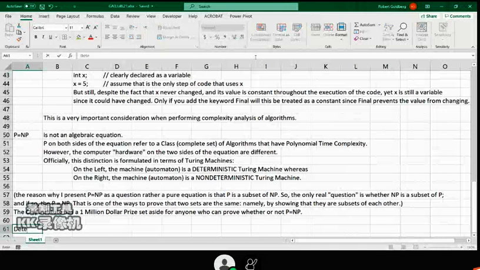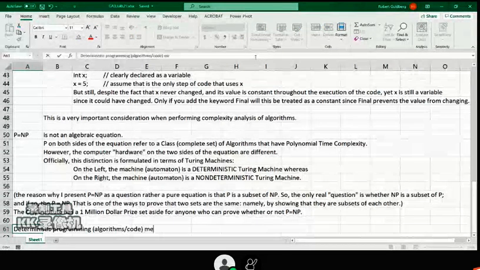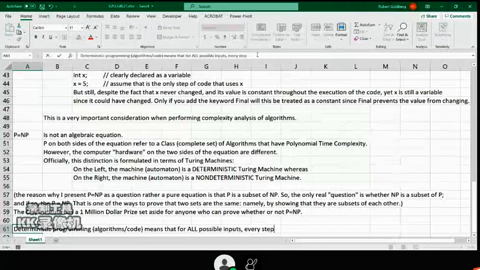So deterministic programming, algorithms or code, means that for all possible inputs to your code, every step of the execution is clearly specified by your code.